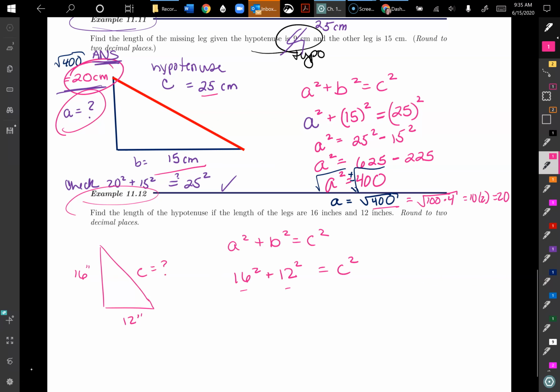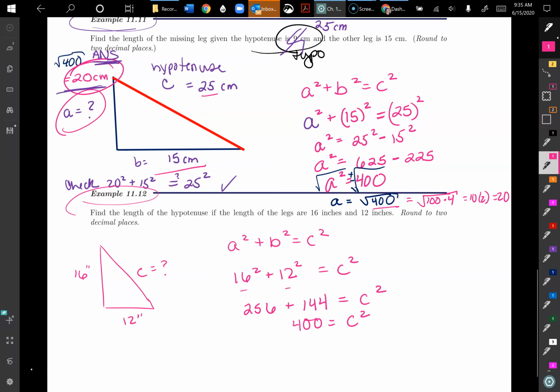So 16 squared, and you can use a calculator for this, of course it's a little trickier, is 256, plus 12 squared, that one we should know off the top, is 144, equals C squared. Add those together and we get 400. Same answer for C squared.